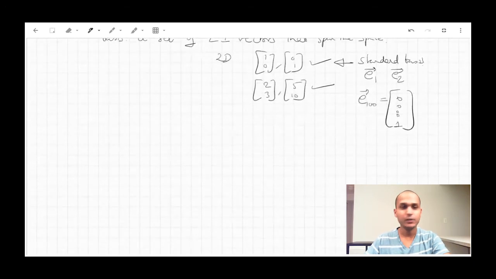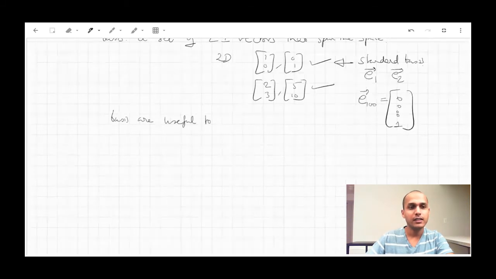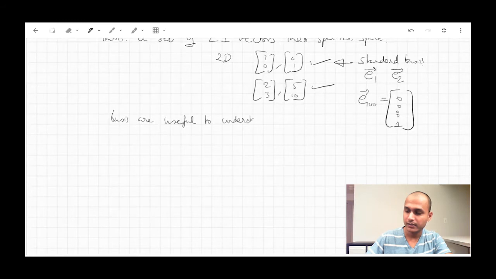So the question is, okay, why do we need the notion of span? At least it makes sense because of multicollinearity, but why do we need the notion of basis for machine learning? It is because bases are useful to understand data properties through what is called principal component analysis, for example.